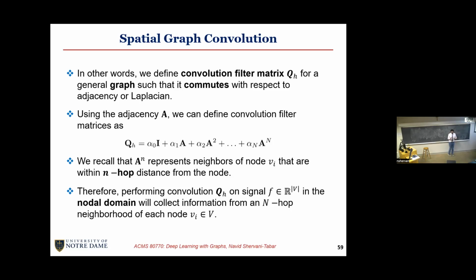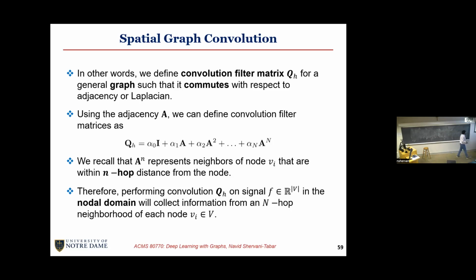Then if I apply a convolution QH on this function, that means that in the nodal domain, in the spatial domain, so we are not working with the spectral domain that we were discussing, the Fourier domain or anything like that for now. We're just talking about the nodal domain that we have worked with so far in the previous lectures.